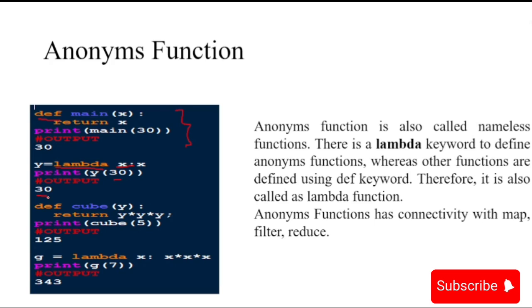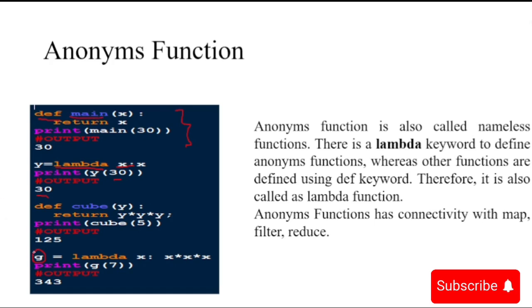So for example, I want to get the cube of a certain value, right? I will use the lambda function to get the cube of that value. For example, here I have g. This g is my function name, just like main is a function name.